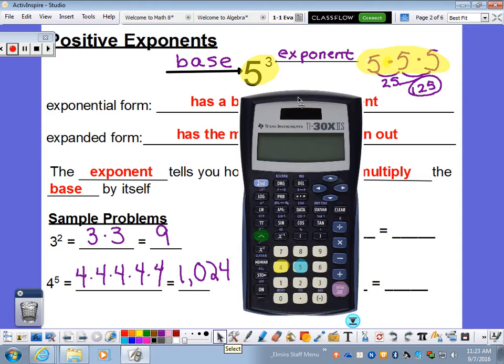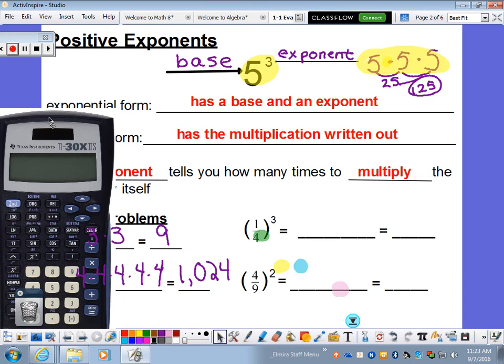Okay, let's come over here to this side, and I'll erase these. Okay, we got some fractions. And fractions really don't work any differently. Okay, there's a couple different ways you could think about this. You could think about this as 1/4 written 3 times and multiply it.